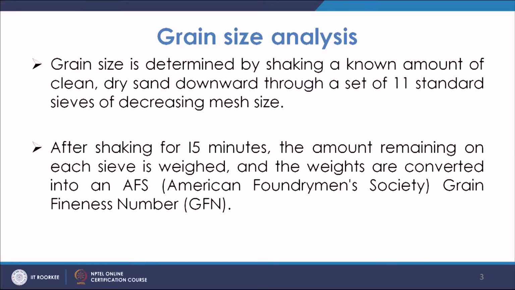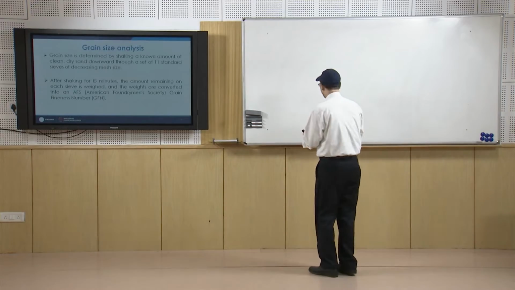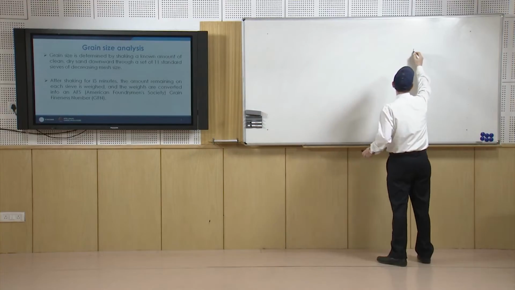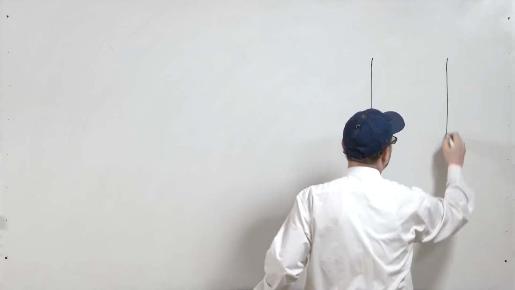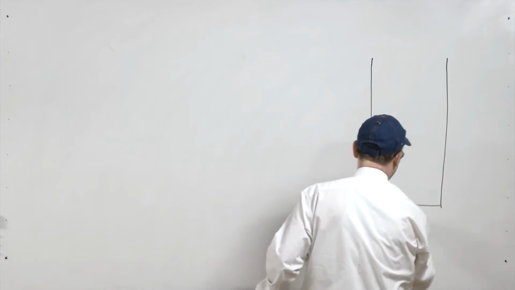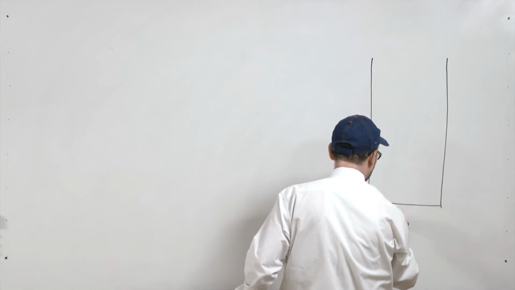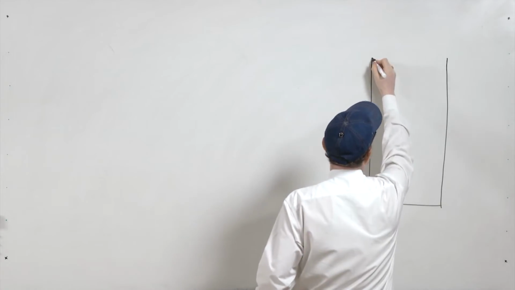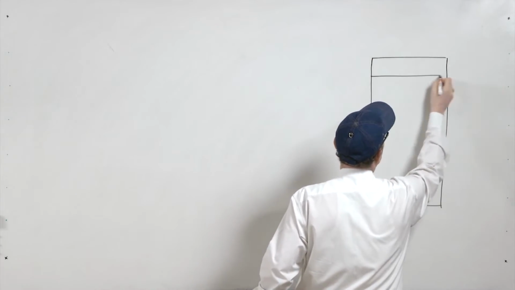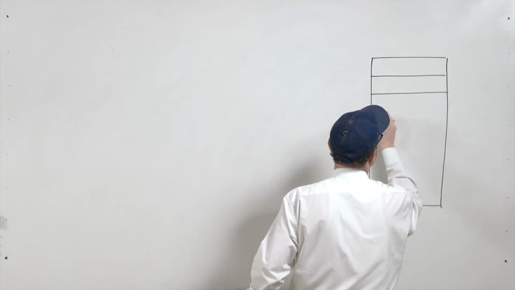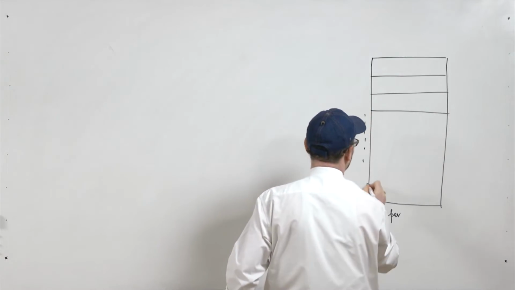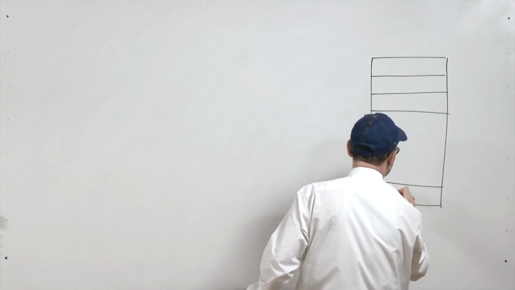mesh size. So, basically you have the sieve at the top. So, you have a sieve shaker unit, where at the top you have different sieves, and at the end you have a pan.